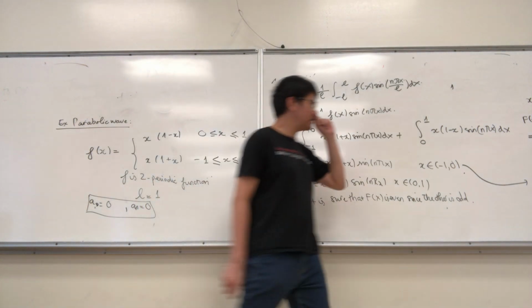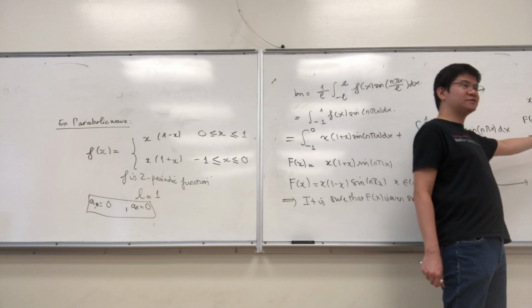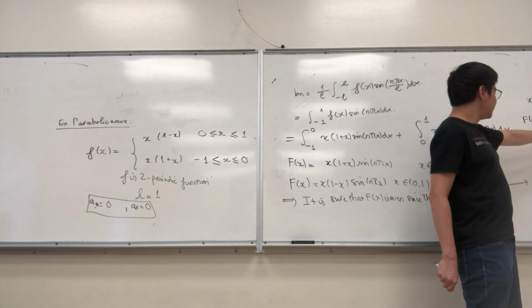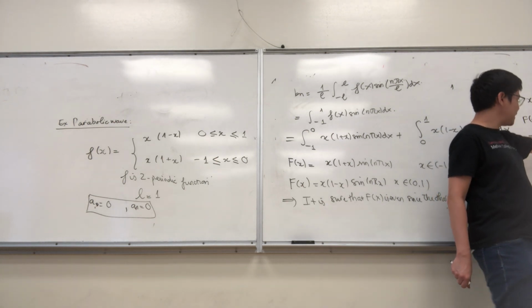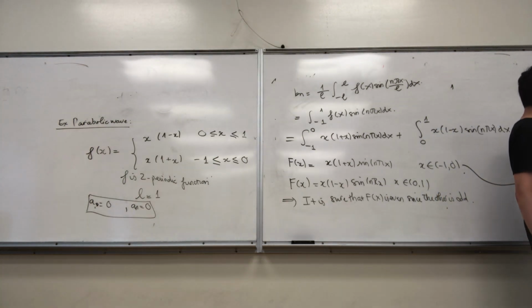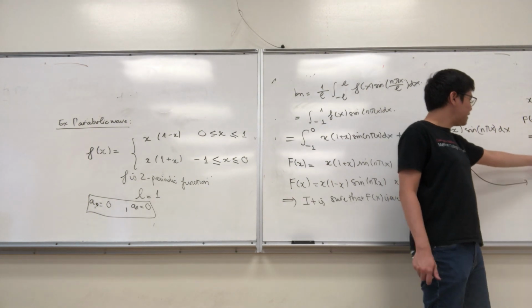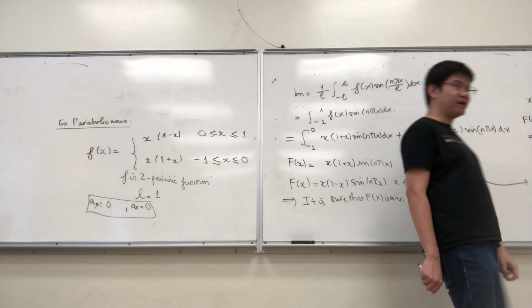Now let us check. So if x is from 0 to 1, f(x) will be x(1 minus x) sin(n pi x). So x is minus x, 1 minus x is 1 plus minus x, and sin(n pi x) is sin(n pi minus x). So I can cancel the 2 minus signs and I have minus x, 1 plus minus x, sin(n pi minus x).